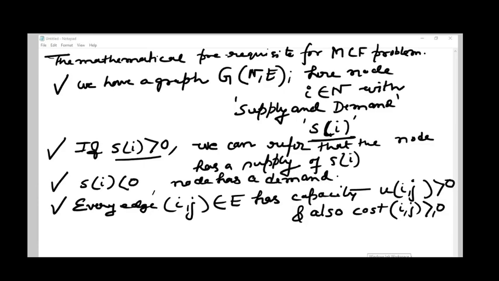Cost is an extra term that you are introducing in min cost flow, and it should be greater than or equal to 0.